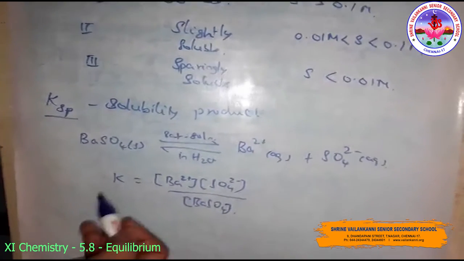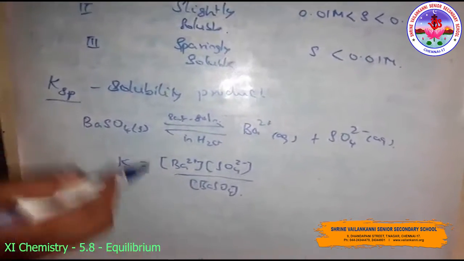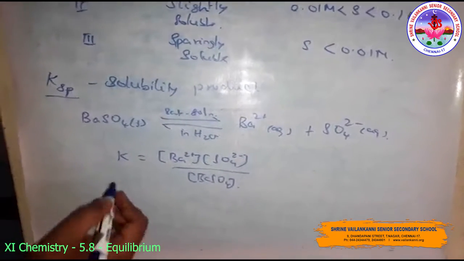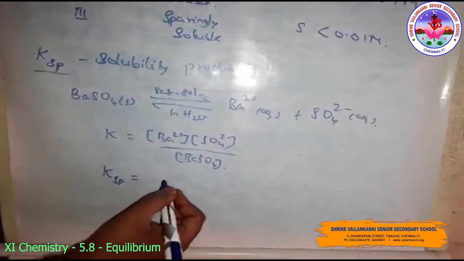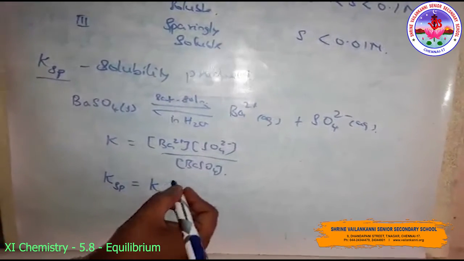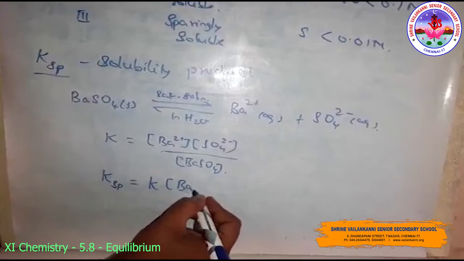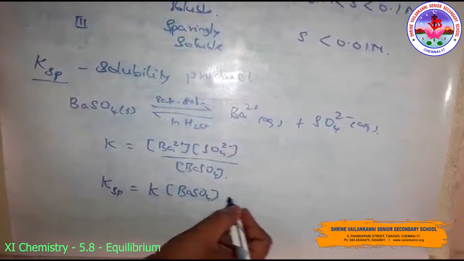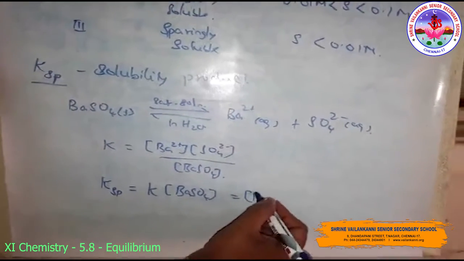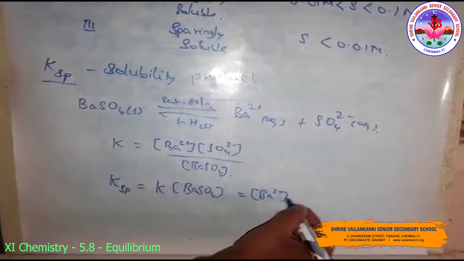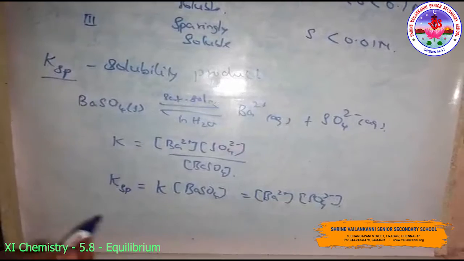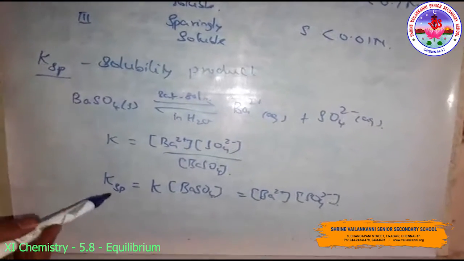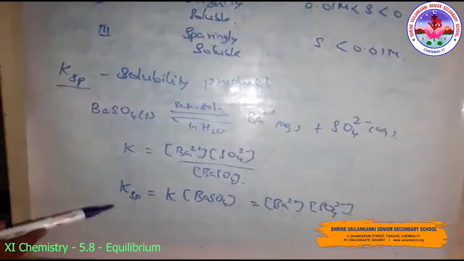Since the concentration of a pure solid remains constant, we can write Ksp equals K times the concentration of BaSO4, which equals the concentration of Ba2+ times the concentration of SO4 2-. Here Ksp is the solubility product constant, or simply solubility product.